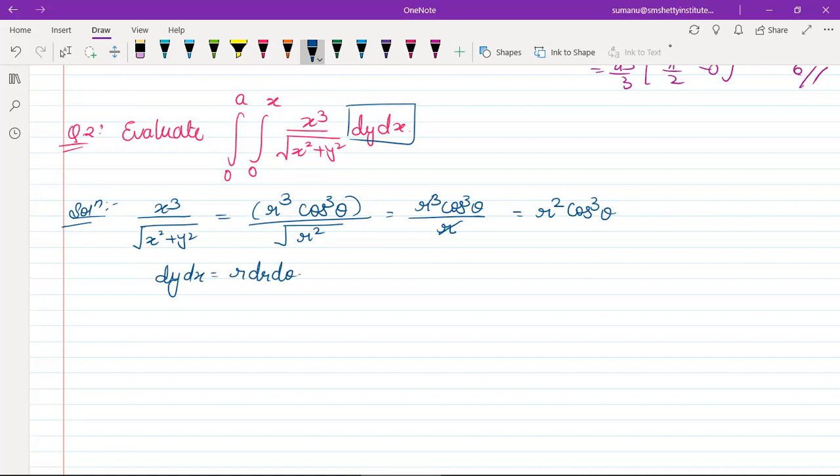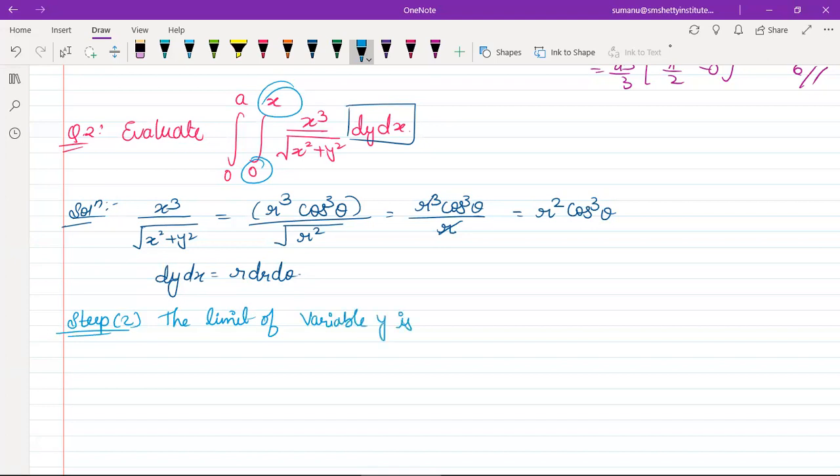Now you want limit of variable r and theta. For that you need to draw the diagram. Did you all draw it? Tell me, this is the limit of which variable? Zero to x. Inside integral limit is limit of which variable? y. Yes, it is the limit of variable y.